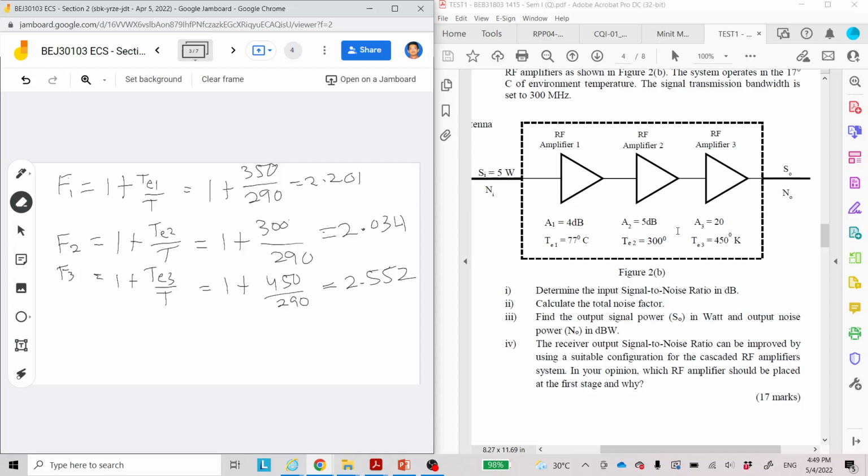Based on this, the lowest noise factor is this one, followed by number 2, and then the last one is this one. Therefore, the arrangement should be amplifier 2, followed by amplifier 1, followed by amplifier 3.